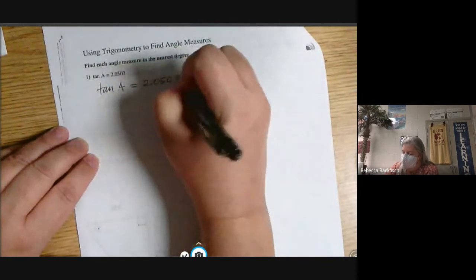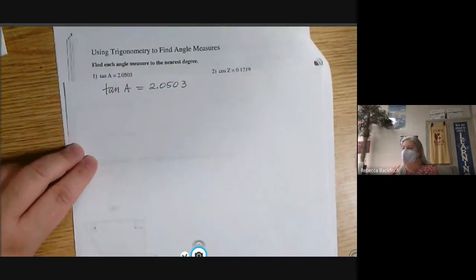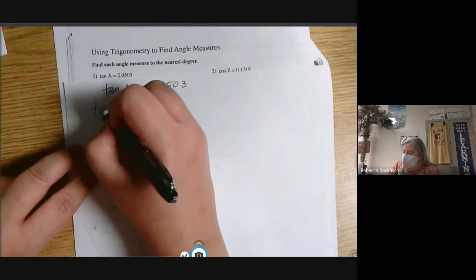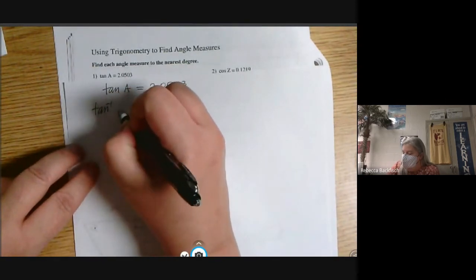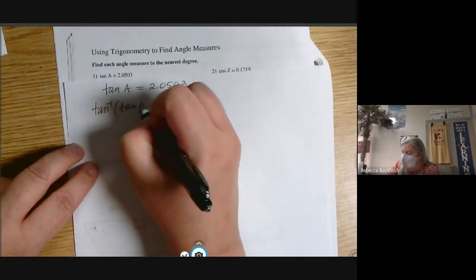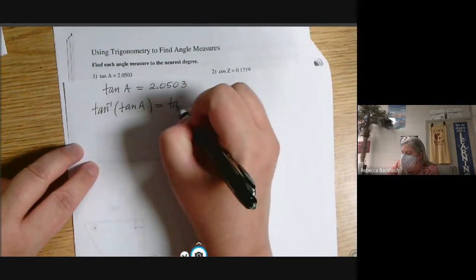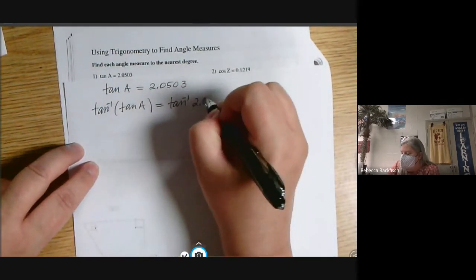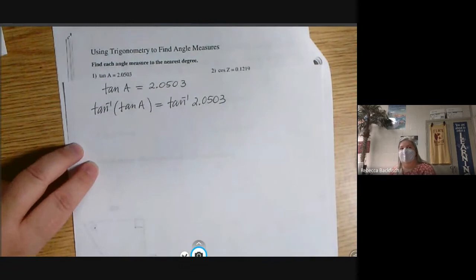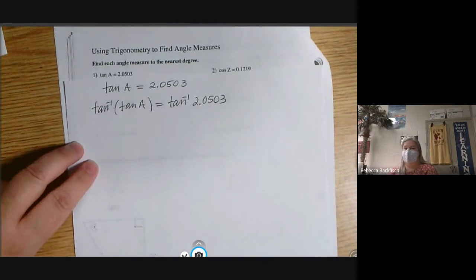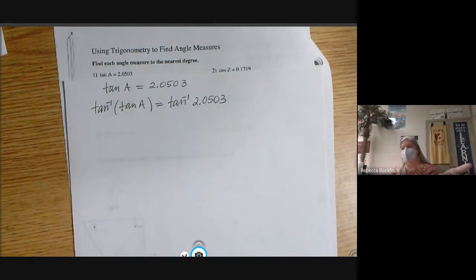How that works is you're basically taking the inverse tan of both sides. So it's like you have inverse tan of A equals inverse tan of 2.0503. And the reason you're doing that, inverse tan would just basically be the opposite of doing the tan. It's like the undoing of the tan.